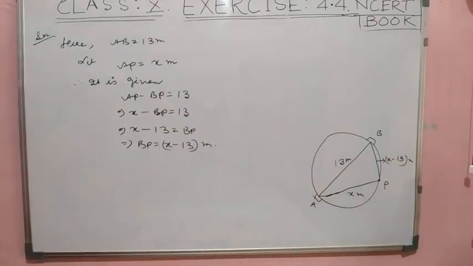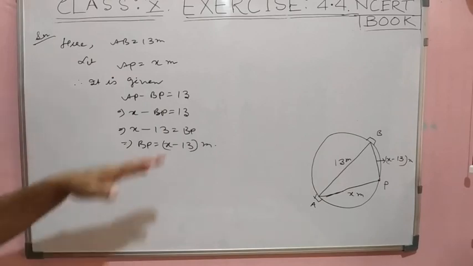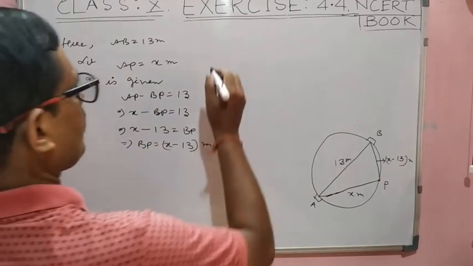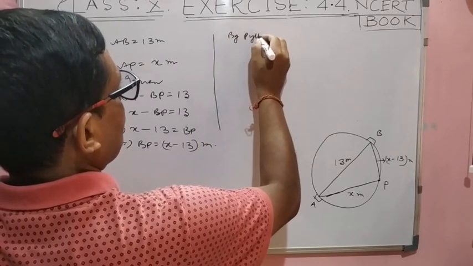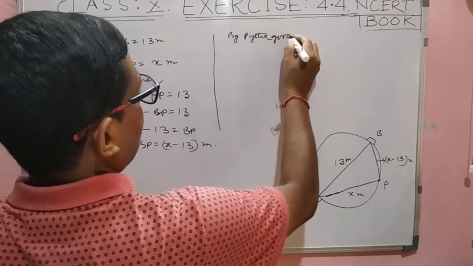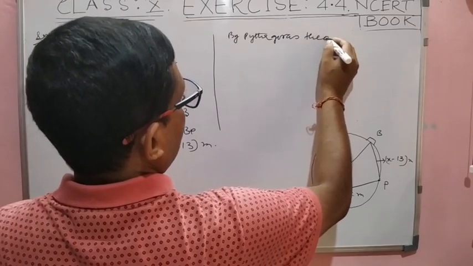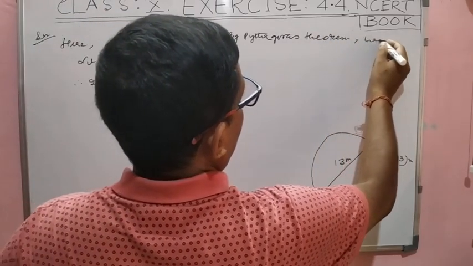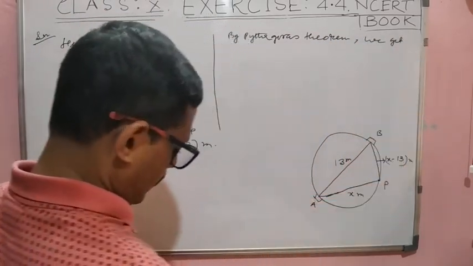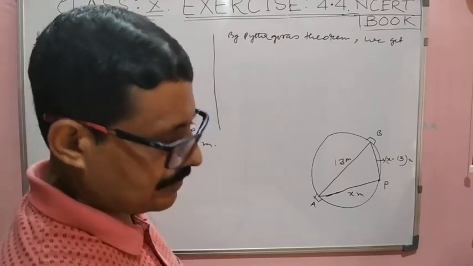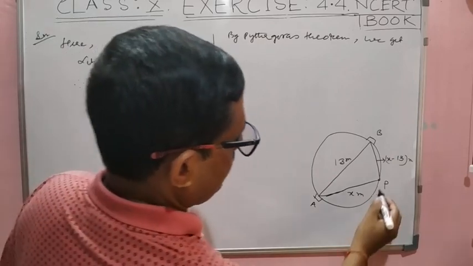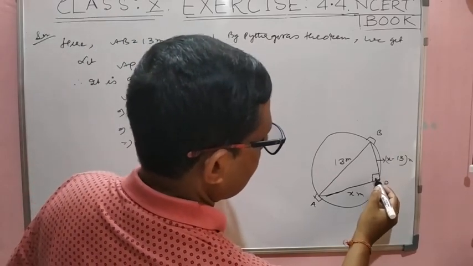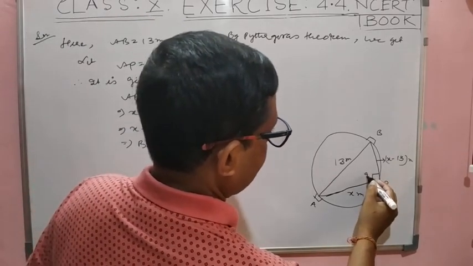Now let us apply Pythagoras theorem. By Pythagoras theorem we get, because we know that the angle on the semicircle is a right angle as it is the diameter. So this is the angle on the semicircle, so definitely it will be 90 degree.